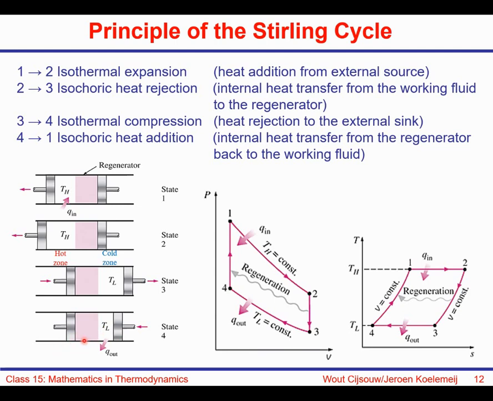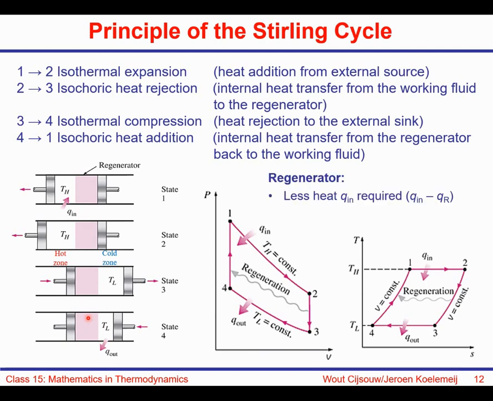So the volume stays the same. And now the cold gas is being pushed through the regenerator, and the regenerator will give back its heat to the gas. And if everything works perfectly, then the amount of heat that was added in these two steps is given back to the gas.